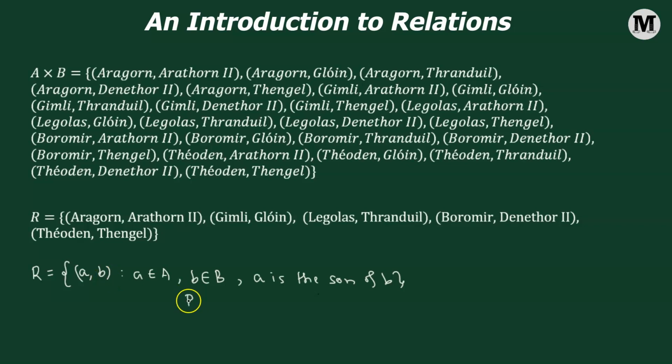And clearly we see here that this set R is going to be a subset of the Cartesian product of A and B. Now when we can write it in this fashion, this R is going to have a special name. R is a relation. So what we are talking about here is a relationship, and R is a relation from set A to B. It is a relation that connects the elements of set A with the elements of set B.